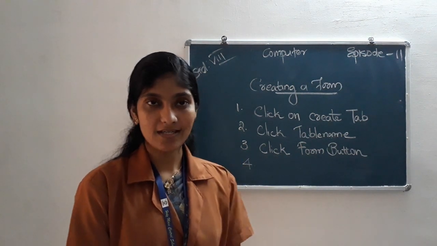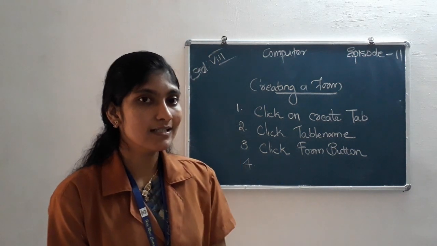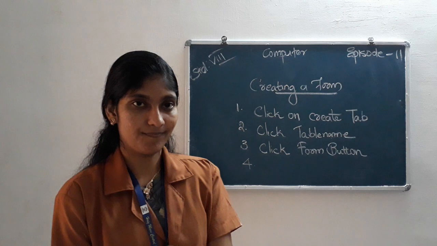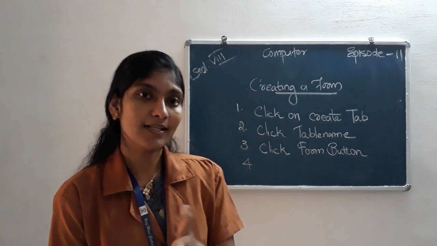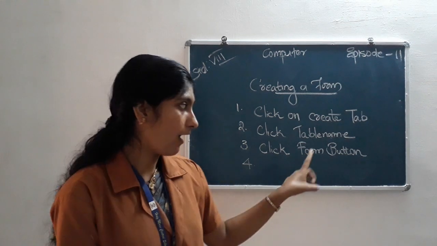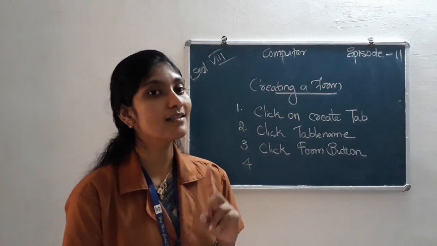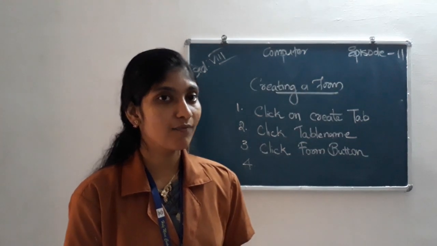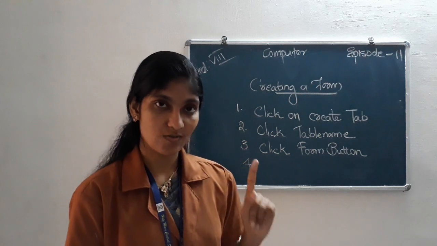Which form? Entry form. That form contains some fields and entry fields, that means text areas. You can enter the data or values in those fields. So after clicking the form button, which form appears? An entry form appeared. You will see an entry form.